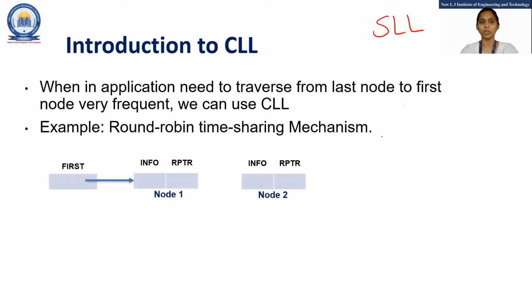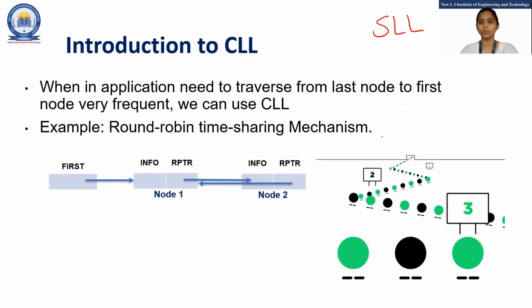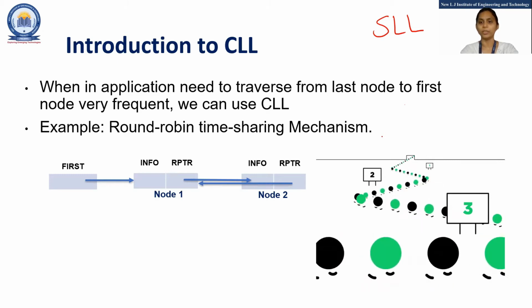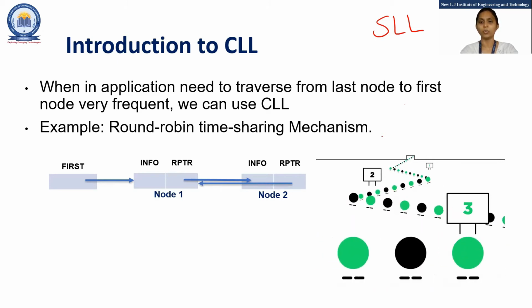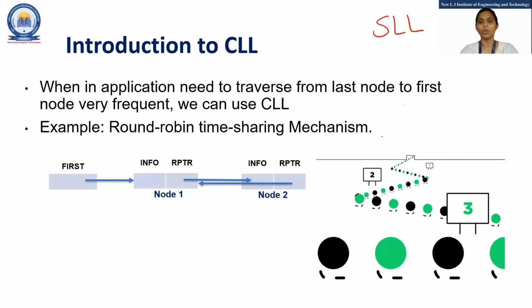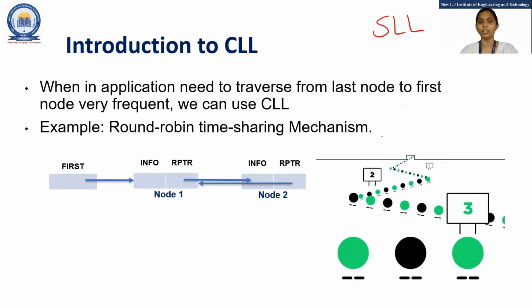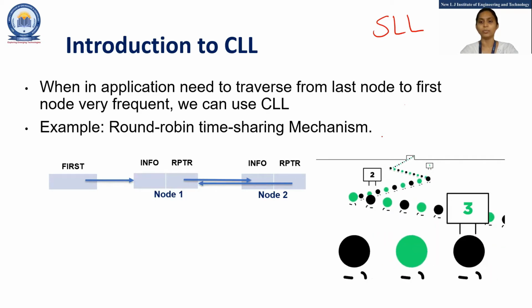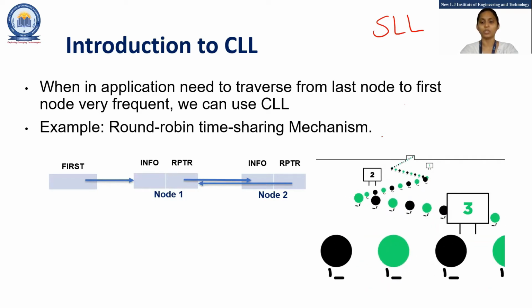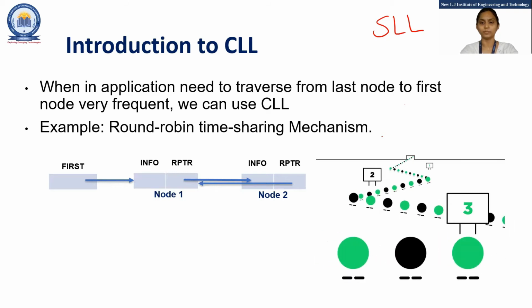This is one logical representation of a circular linked list where the last pointer will point to the first node. Now this is the way round robin works. Whenever one process has completed its given amount of time, it will join the list at the last, and again whenever its turn comes, it will be processed. So this way a circular linked list can be used.